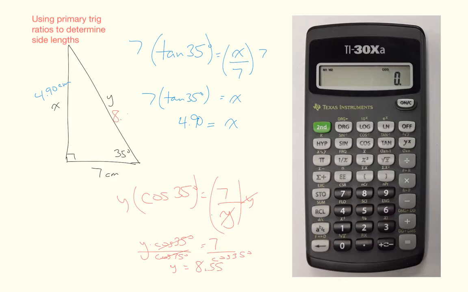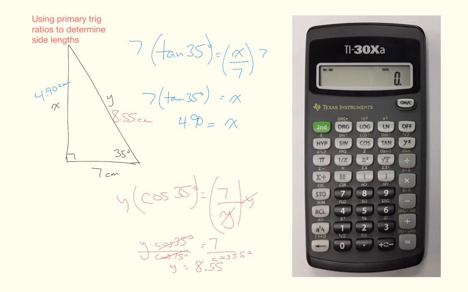So that's about 8.55 centimeters. Of course, if you have a newer calculator, you would probably be punching in 7 divided by cos 35, and then you could hit equals. So you'll just have to play around a little bit, see what kind of calculator you have, see exactly how it works.